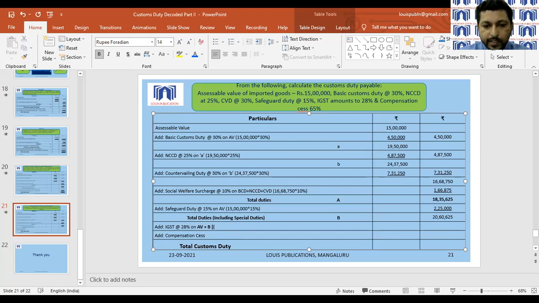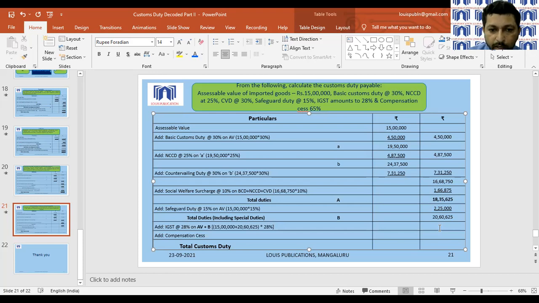Assessable value is 15 lakh plus B value, 20,60,625, into 28%. So this is the calculation.